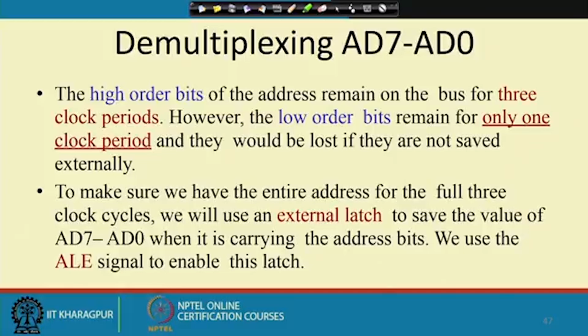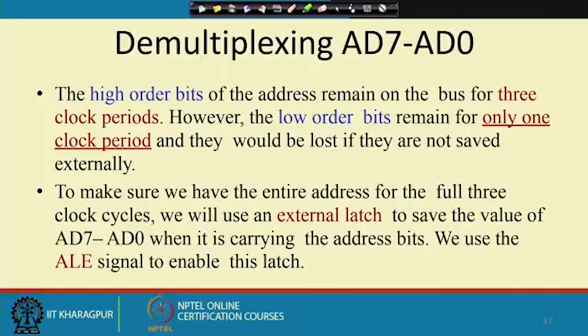A8 to A15 will be held for all 3 clock cycles, but A0 to A7 are held for only 1 clock period, and naturally you need to latch them externally or save them externally, so that they are not lost in the remaining 2 cycles.